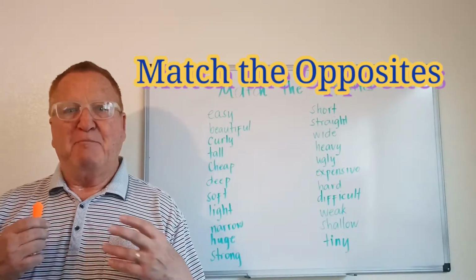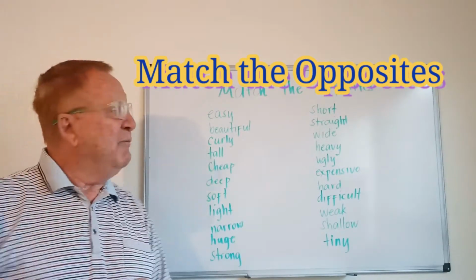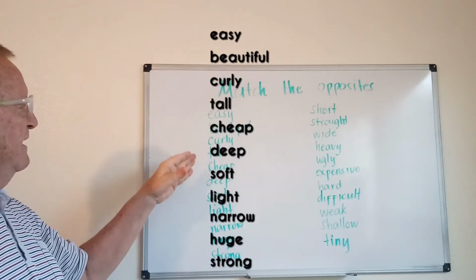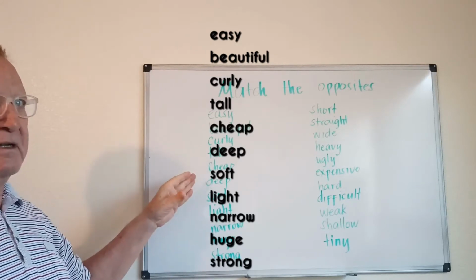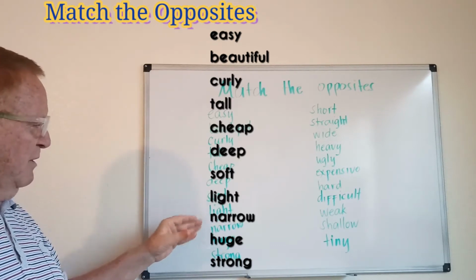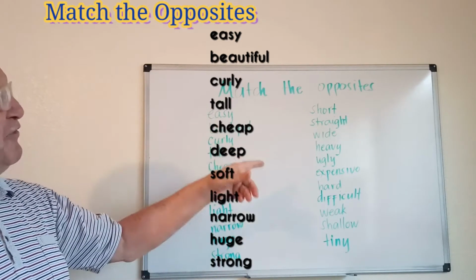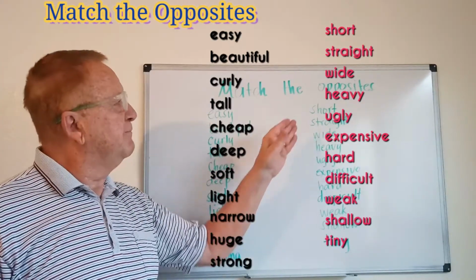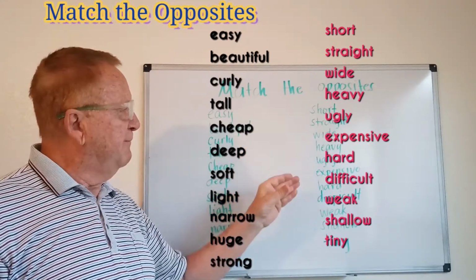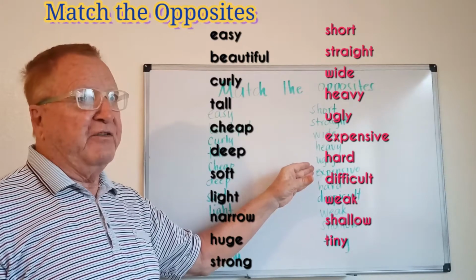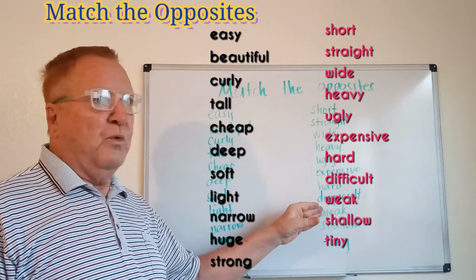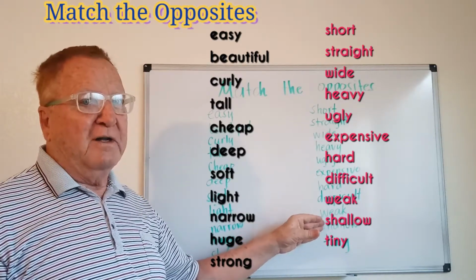Okay, we're going to do a matching exercise. And we're just going to look at the words on this side: easy, beautiful, curly, tall, cheap, deep, soft, light, narrow, huge, and strong, and match them up by just drawing a line: short, straight, wide, heavy, ugly, expensive, hard, difficult, weak, shallow, and tiny.